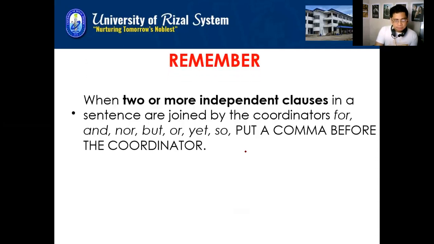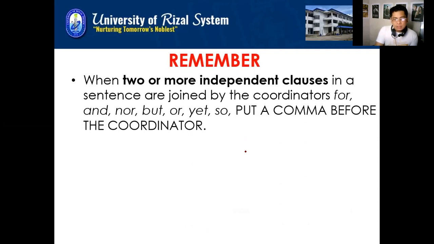So remember this. When two or more independent clauses in a sentence are joined by the coordinators for, and, nor, but, or, yet, so, or just simply FANBOYS, put a comma before the coordinator. So what is a clause? When you talk of a clause, it follows the subject-predicate structure. Meaning to say, a sentence or a clause has a subject and a predicate in it.